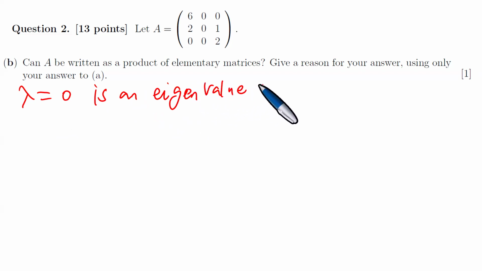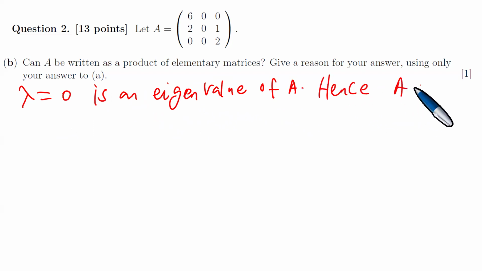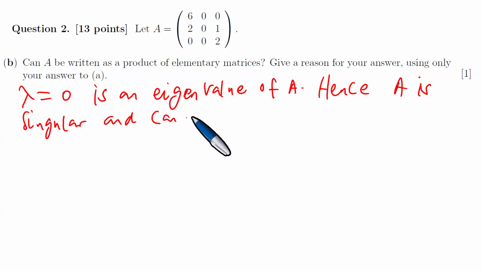Because lambda equals 0 is an eigenvalue of A, we then say, hence A is singular, and therefore it cannot be written as a product of elementary matrices.